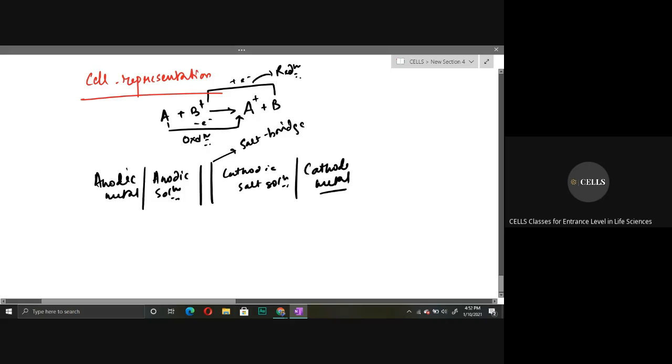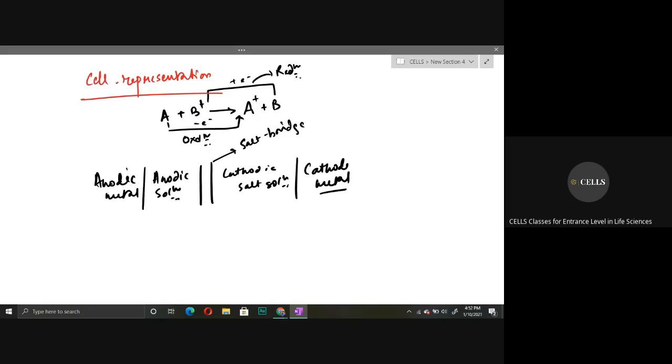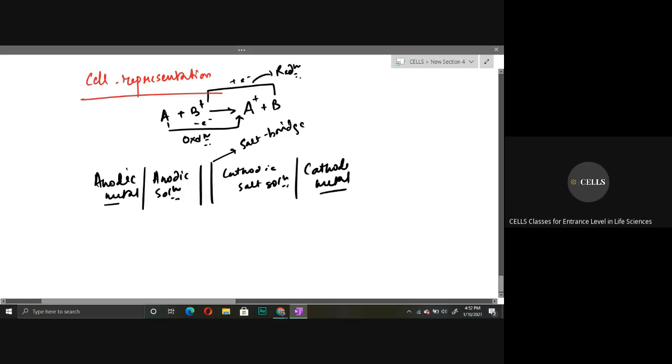Now we know that the anode will have the oxidation part and the cathode will have the reduction part. Here A is the metal, it has oxidized and becomes the ion. The oxidation part always comes in the anode, so it will be represented as A, A plus, then the salt bridge.